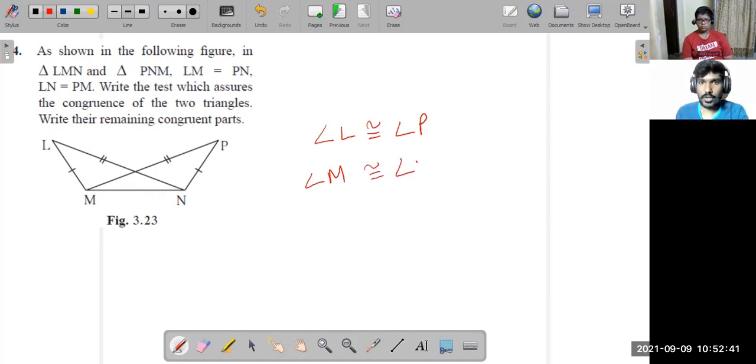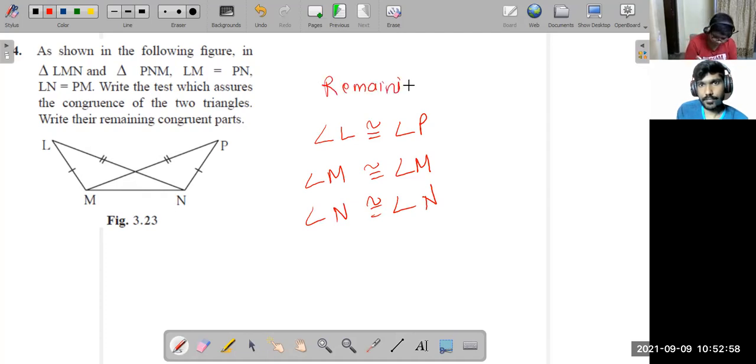So angle M congruent to angle M and angle N congruent to angle N, congruent to itself, because the base is the same. Clear? Write this down. This will be the remaining congruent parts.